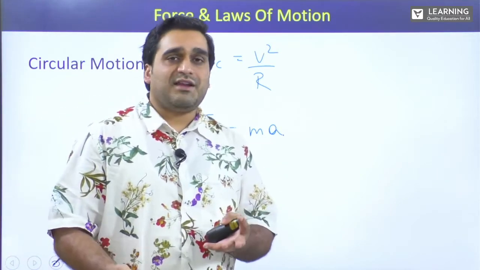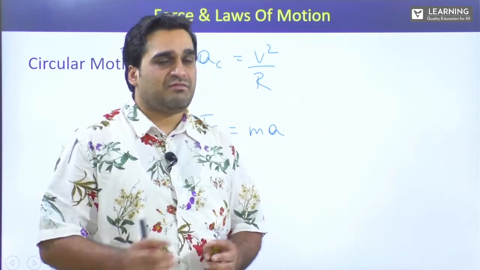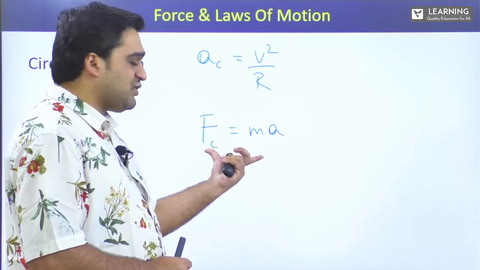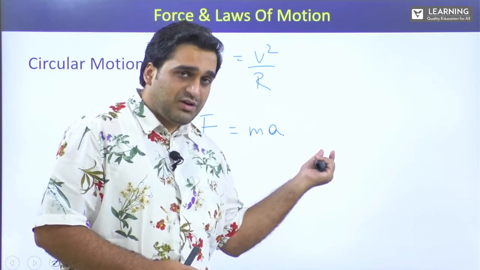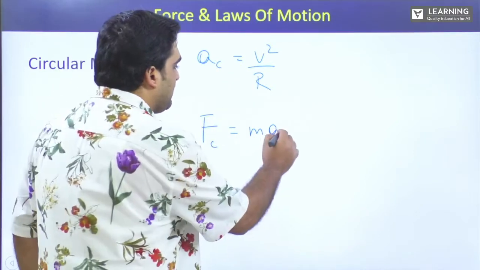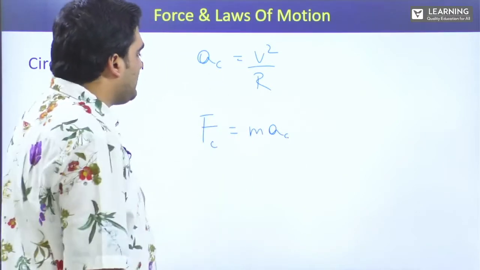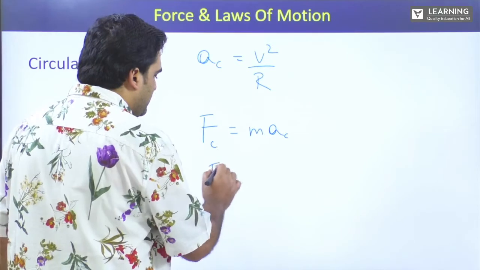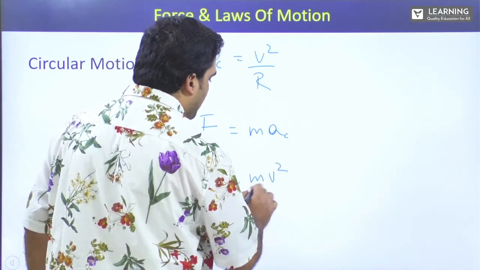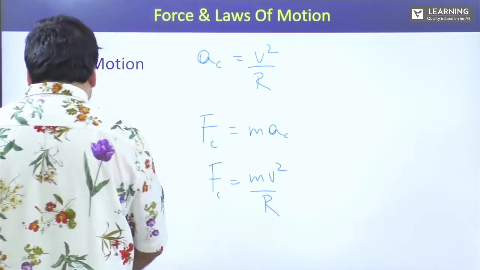Also, we can define it by the rate of change in momentum. Good, we have this expression of a force. We have centripetal acceleration equal to v squared by r, so the centripetal force is equal to m v squared by r.